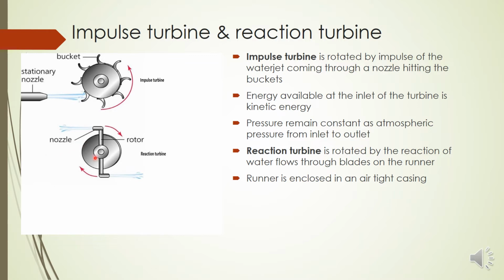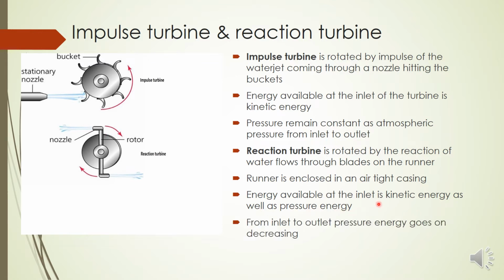At the inlet, the energy is not only kinetic but pressure energy also is there. This is another important point: the energy available at the inlet of a reaction turbine is kinetic energy as well as pressure energy. But when going to the outlet, the pressure energy decreases. From inlet to outlet, the pressure energy goes on decreasing.